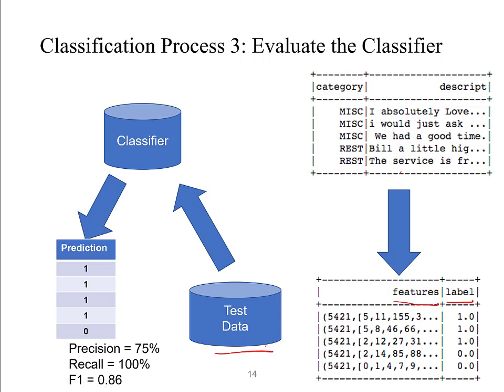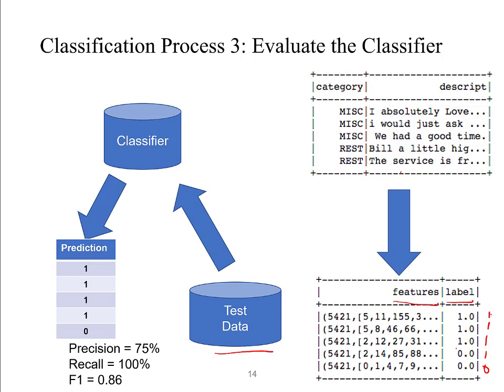We're using this test data as input of the classifier, right? And we get the prediction. So the feature vectors are the input to the classifier, and we get the prediction. The prediction is 4 ones and 1 zero. So the precision would be, for these 4 ones, 3 of them are true, so the precision would be 75%.